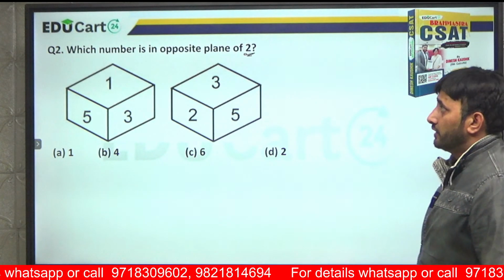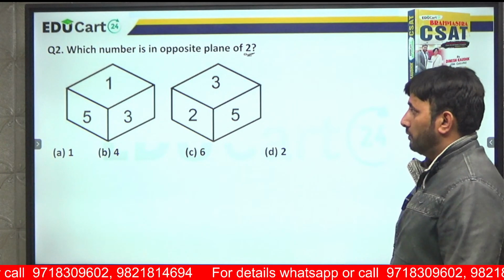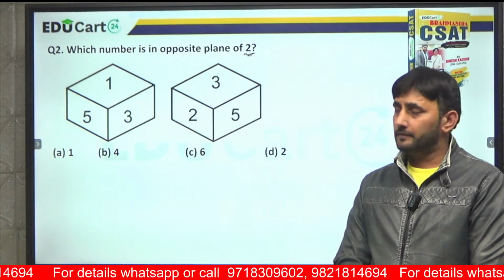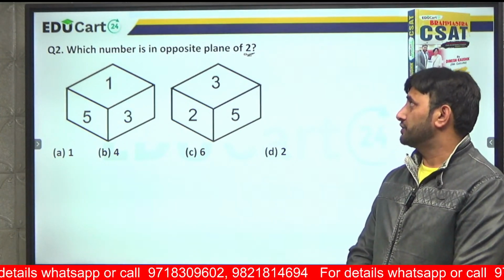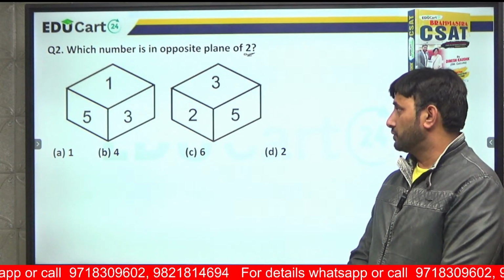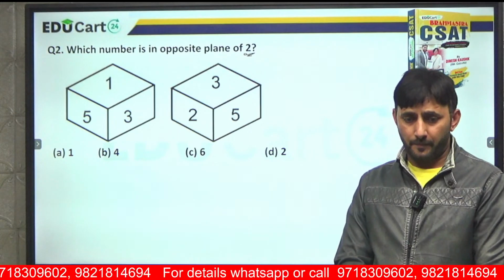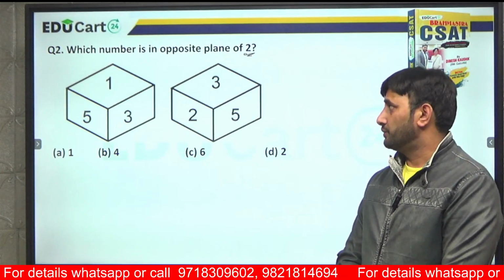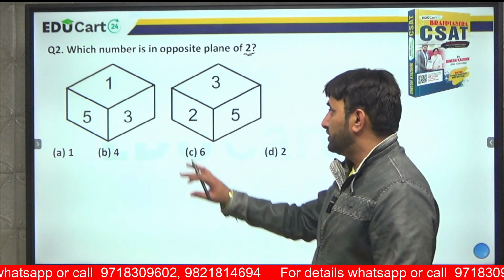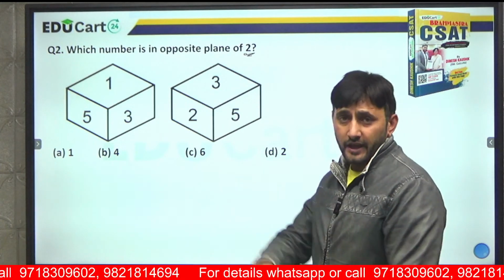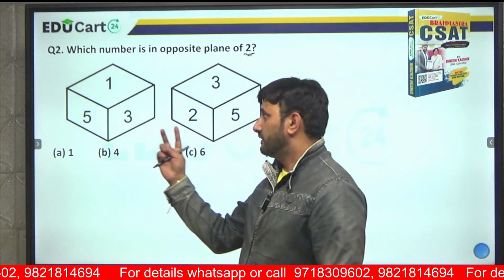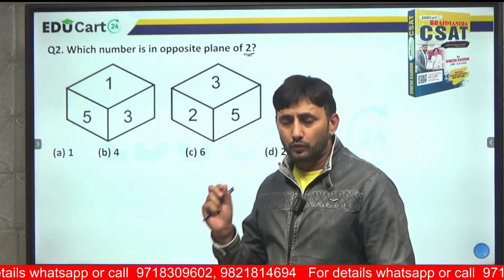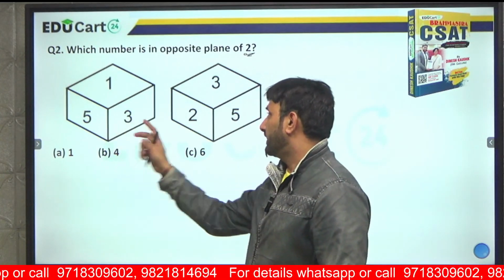Let's see this question. Which number is in the opposite plane of 2? We can see that in these two dice, two faces are common, 5 and 3, and 3 and 5.